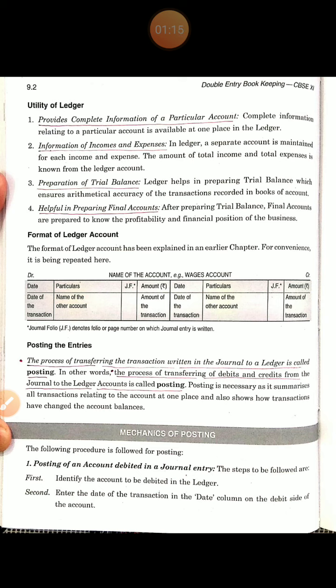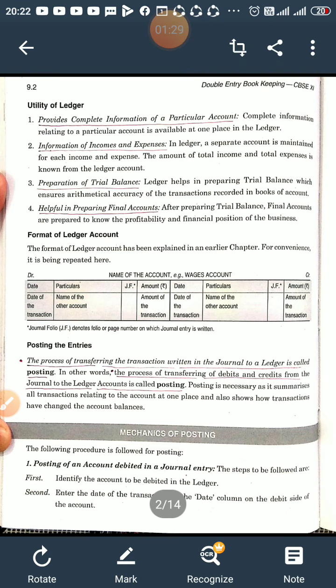Today, I'm going to teach you how to make posting from the journal entry. But before I start posting the journal entry into the ledger, I would like to recapitulate the format.